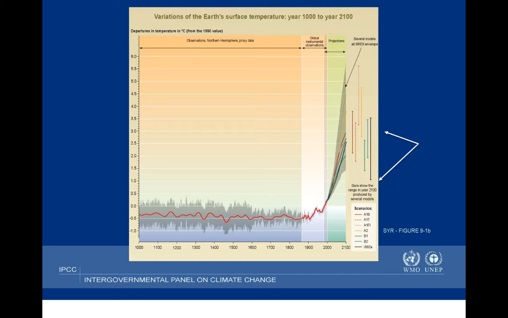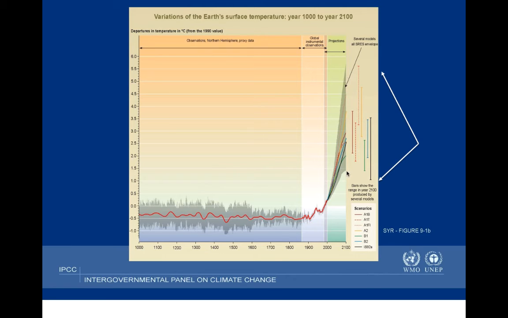So we see here, looking into the future, these sort of two major types of uncertainty. One, the model uncertainty, which causes a range within any particular scenario. And then if we look from top to bottom, here we see the uncertainty that's associated with all of these different scenarios and the model uncertainty associated with each scenario.